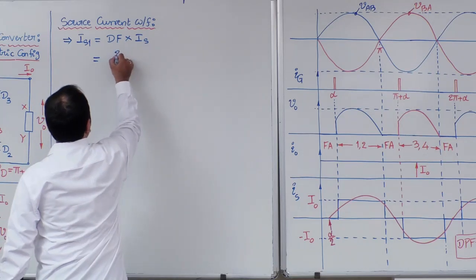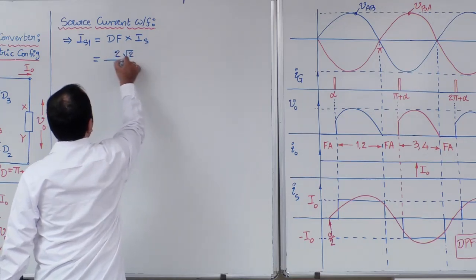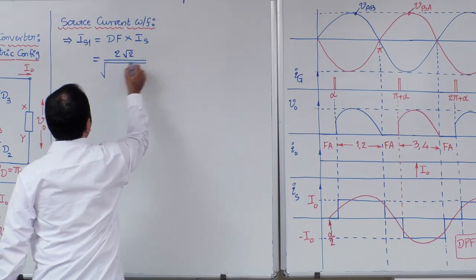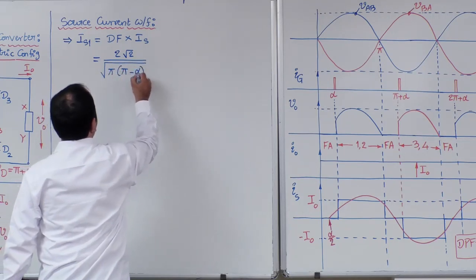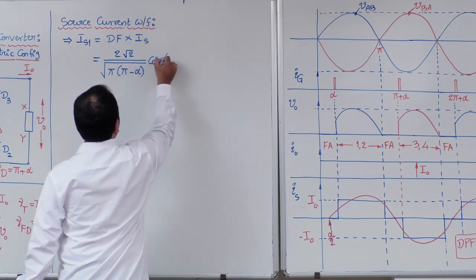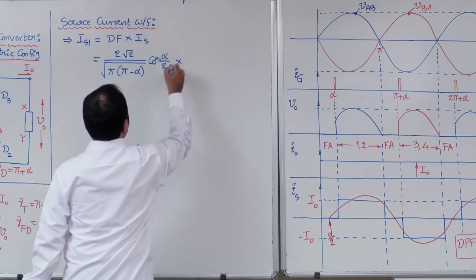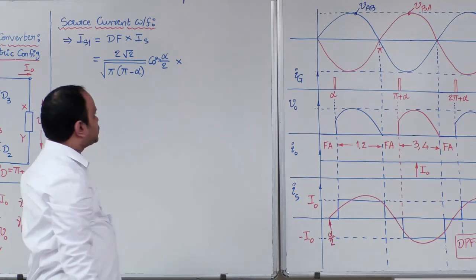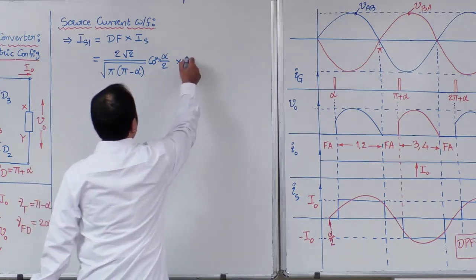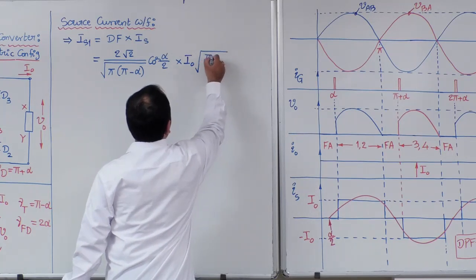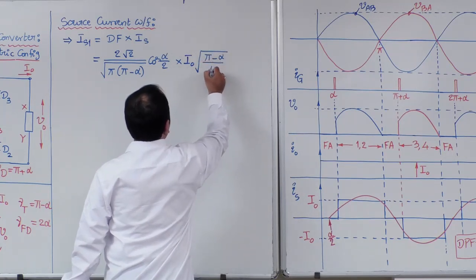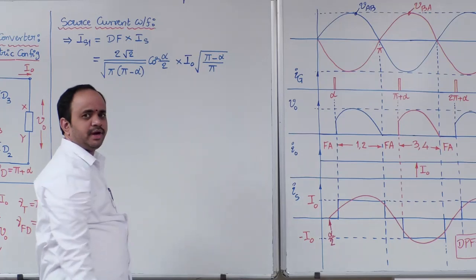What was the expression for distortion factor? 2 root 2 divided by under root pi into (pi minus alpha) multiplied with cos alpha by 2, into IS, where IS is equal to I naught into root of (pi minus alpha) divided by pi.